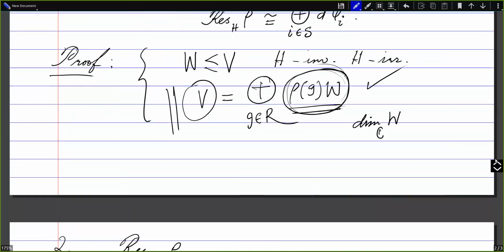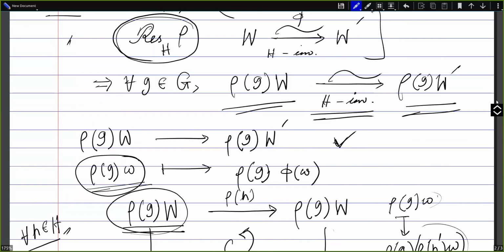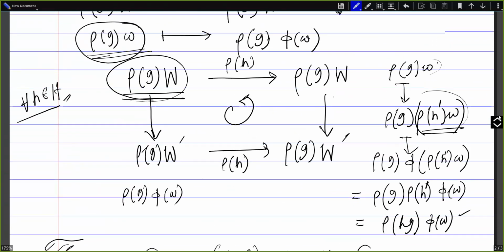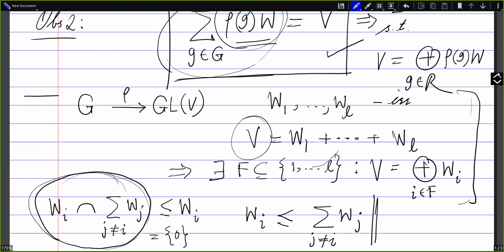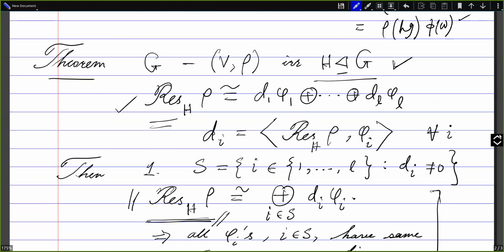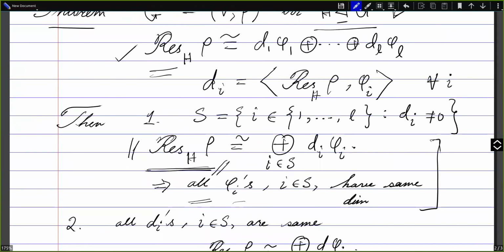Let me just quickly summarize. We were supposed to show in Clifford's theorem that all the irreducible representations which occur, occur the same number of times.